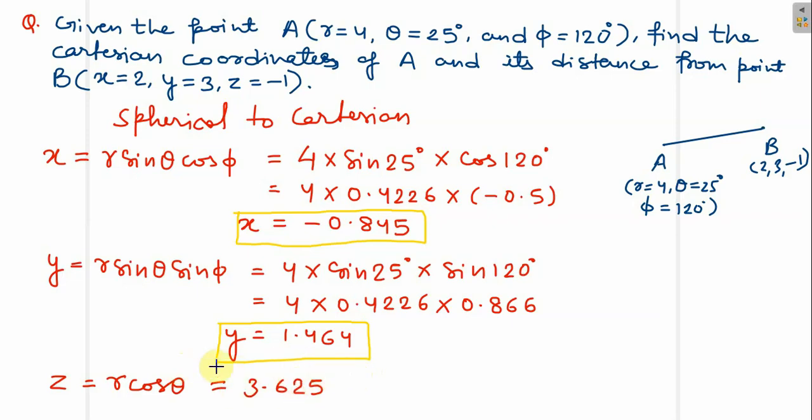Okay, so we have got these 3 coordinates in the Cartesian system. So the transformation is over, which means we have got the equivalent x, y and z values for the given r, theta and phi values. Okay, so these 3 we have got.